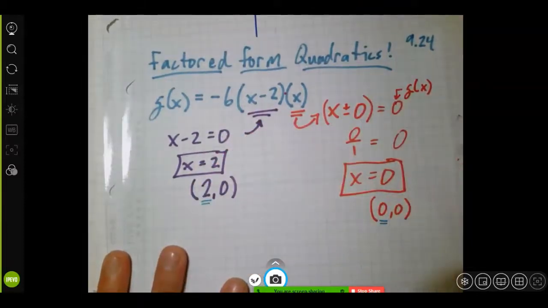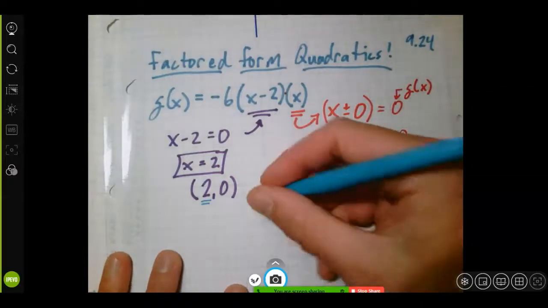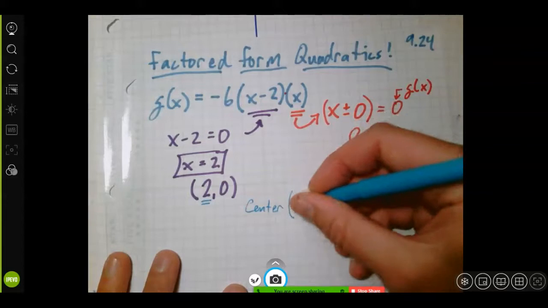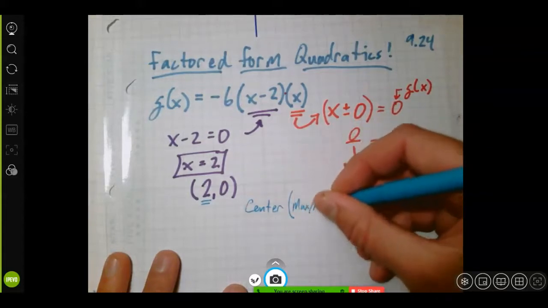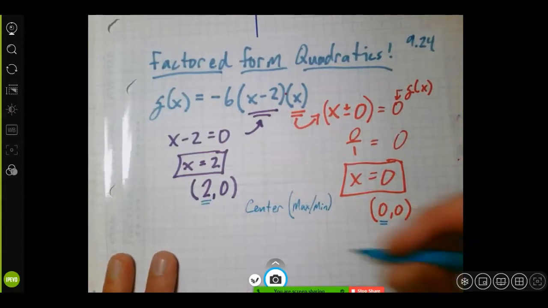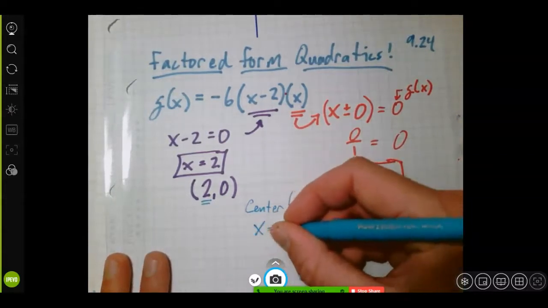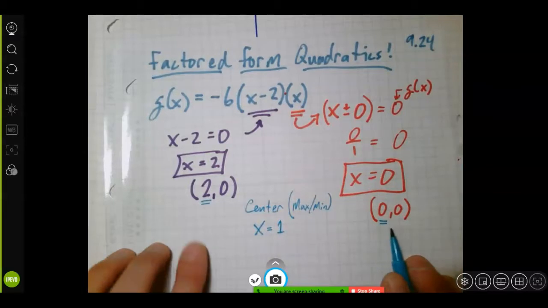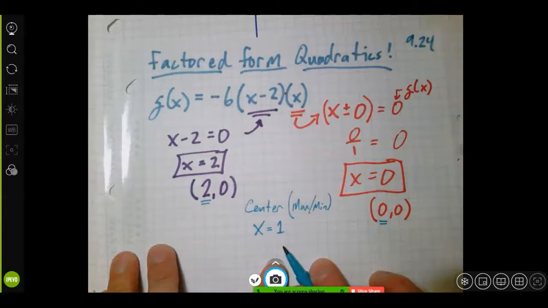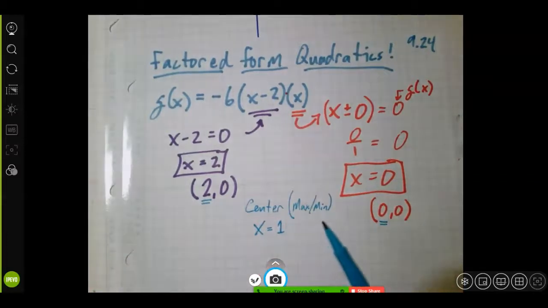So what is it here? 1. Yeah, the center, or that max or minimum. We don't know yet what it's going to be, but the center is going to be our maximum or minimum. We know it's at an x value of 1 because directly between 0 and 2 is 1. Now, okay, so we found the x value of the center. What do we have to do now?